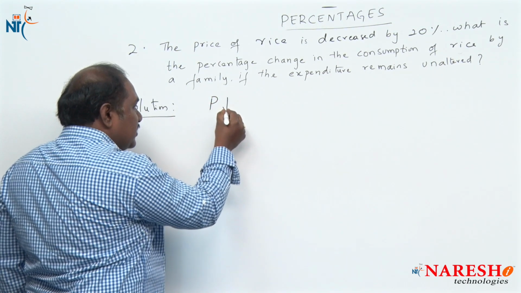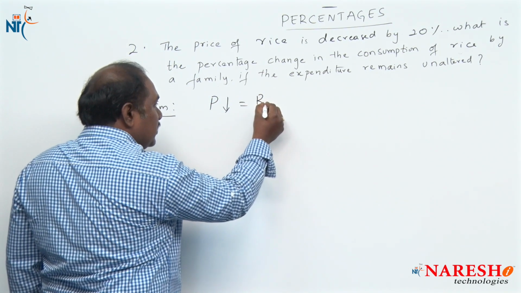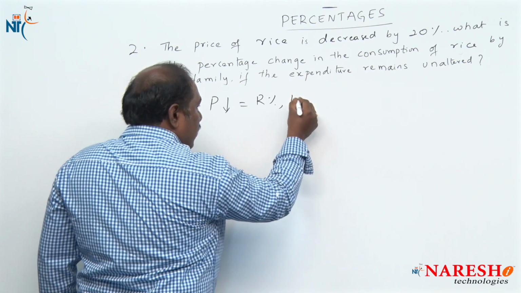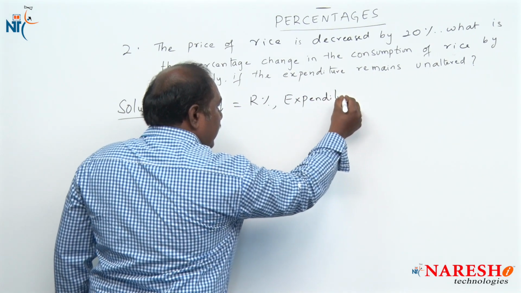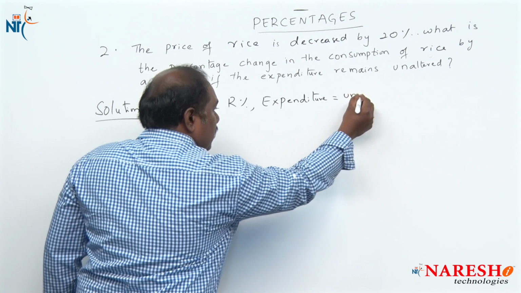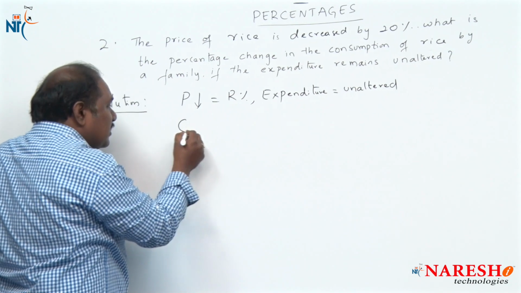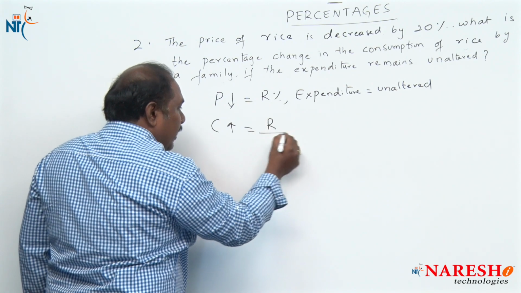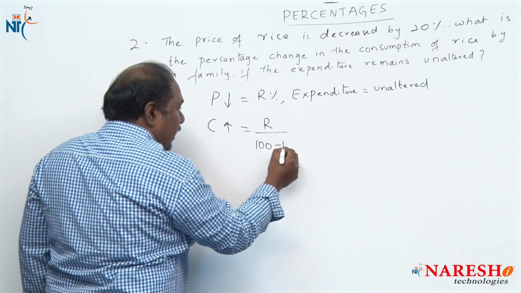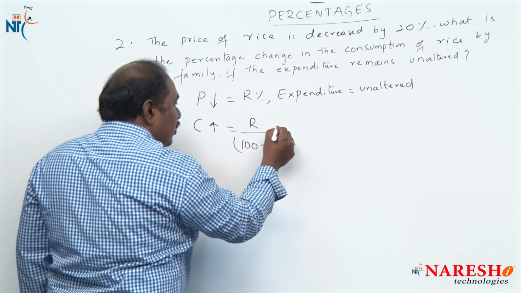If price is decreased by R% and when expenditure is unaltered, then consumption increases by R by 100 minus R into 100%.